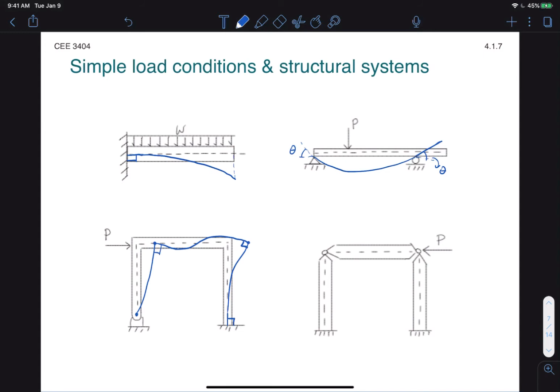Okay, let's look lastly at a pinned frame with two fixed supports. Okay, this is being loaded in the other way. So again, I start by looking at the joints at the top. I know that they'll be moving to the left in this case. And simply I just try to join them up. So the beams leaving the supports must be at right angles, and then they join at the top.